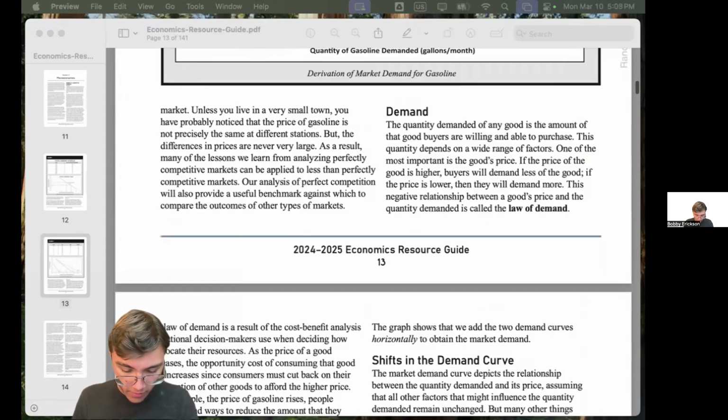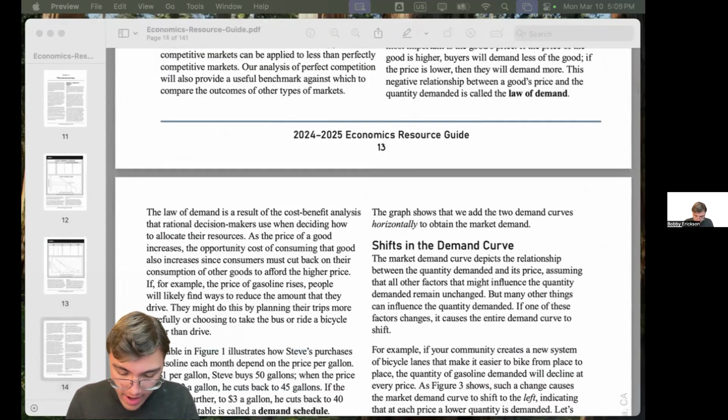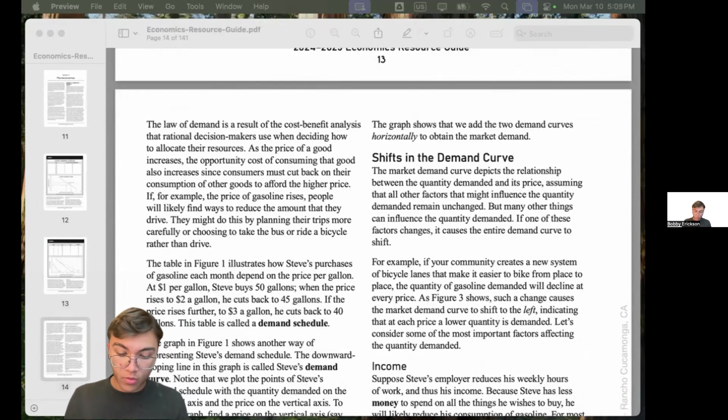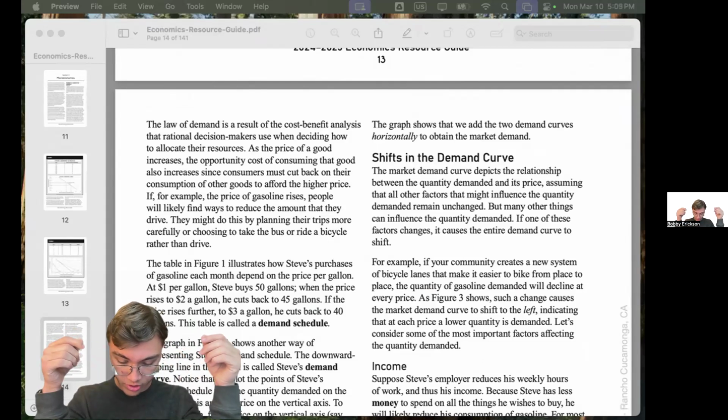Okay, so next up, we can talk about shifts in the demand curve. When it comes to the demand curve, we can actually start talking about demand itself and not just the quantity demanded. We know that a demand curve shows the relationship between the quantity demanded and the price, if we assume that all the other factors that influence the quantity demanded are unchanged.